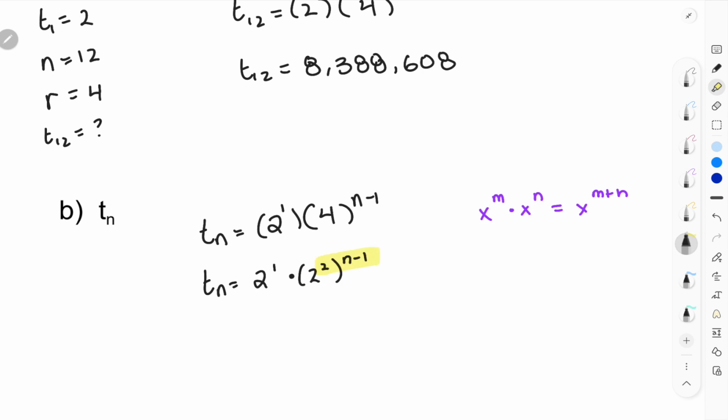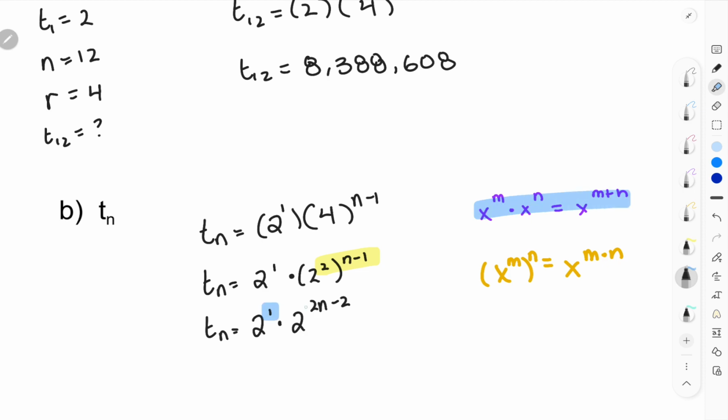I can use that power rule here, right? Which remember is x to the m to the power of n, is I multiply those powers. So here's what I'm looking at. 2 to the 1 times 2 to the 2n minus 2. Right?